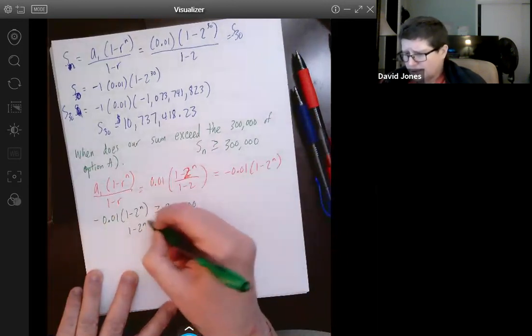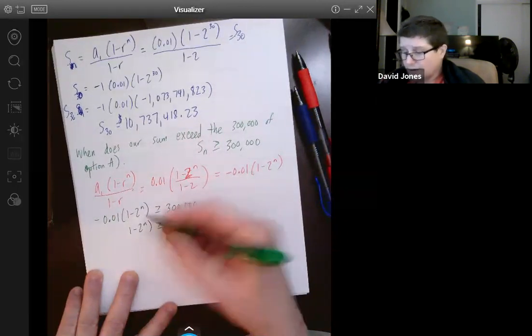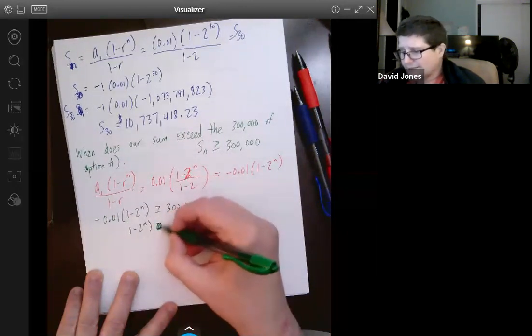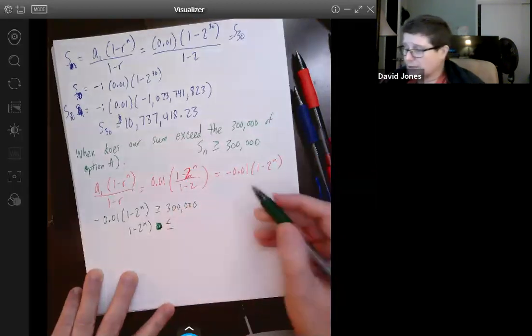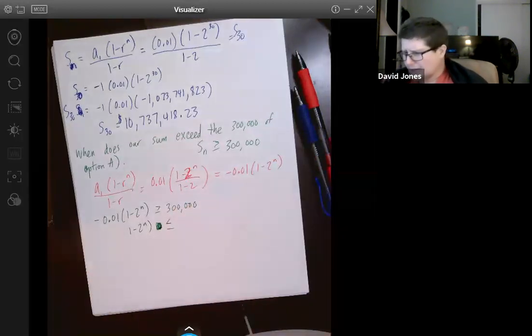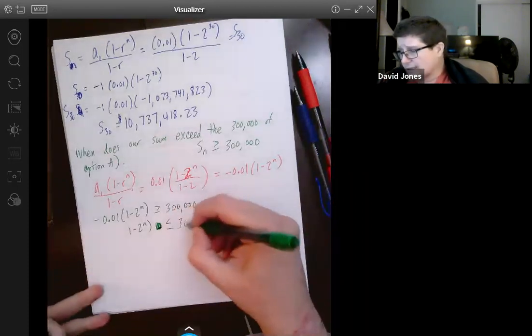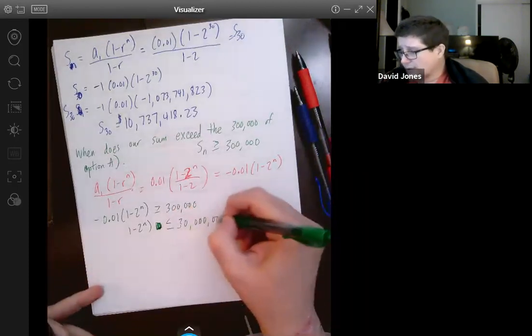So 1 minus 2 to the n is greater than or equal to, nope. Dividing by a negative switches the sign. Less than or equal to, dividing by 0.01, I think, is the same thing as multiplying by 100. Yeah. Is less than or equal to 30 million.